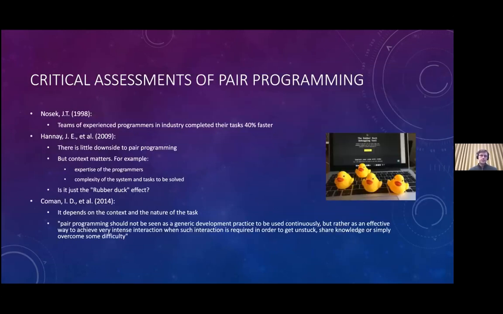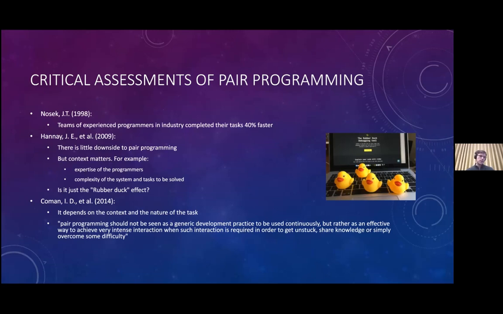There's been a lot of research on pair programming since the 90s. There are a few papers that are cited a lot from the 90s. One of them is by Nosek, where they found that teams of experienced programmers completed their tasks 40% faster. And then there are some meta-analyses that we took a look at, and it seems like there's not that much downside to pair programming, except in certain cases.